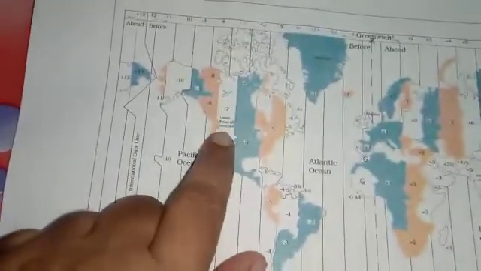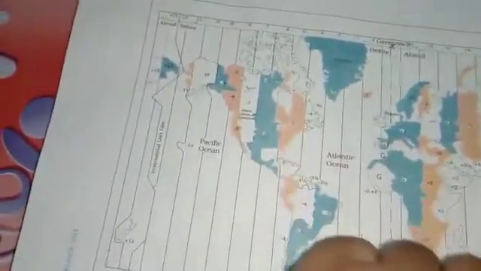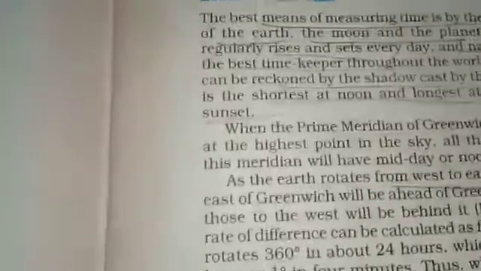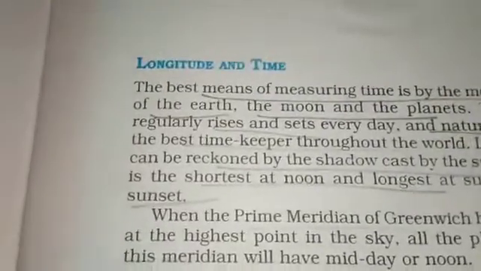Like that we can find out the timing, which we will study in a detailed way. We will see how we make the timing. Let us see the longitude and timing.